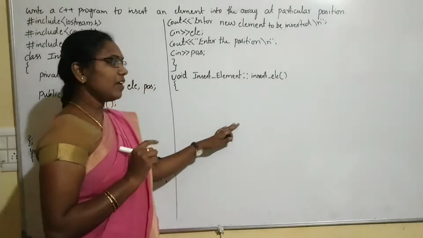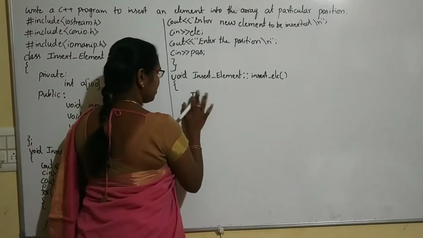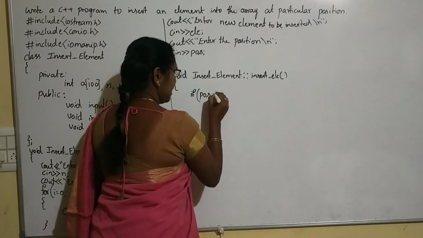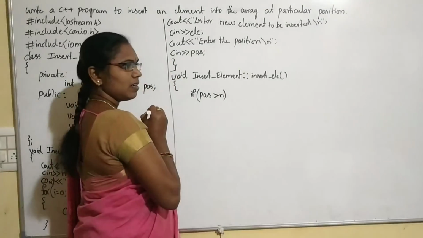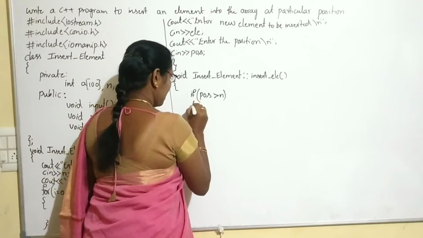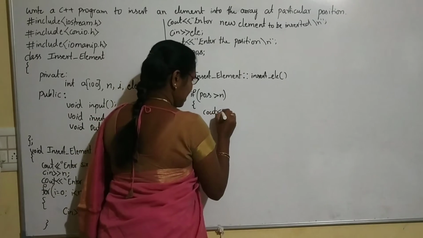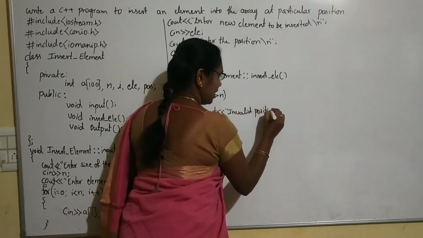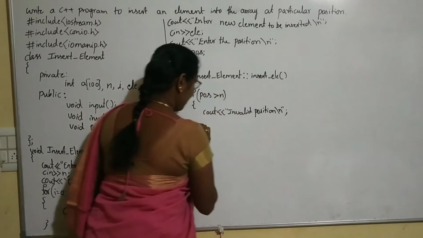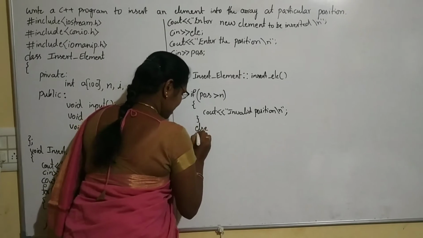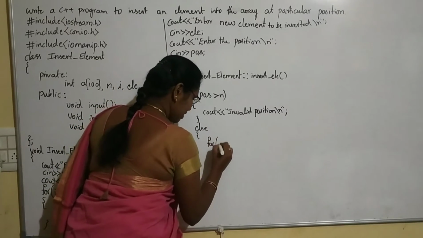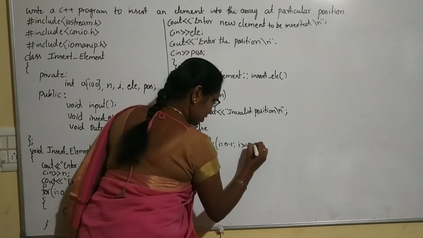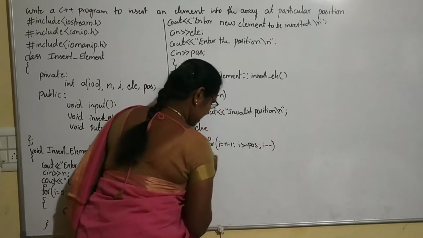For that purpose, we give the condition: if position is greater than n, cout will give the message invalid position. Otherwise, else. We use the for loop for the algorithm steps: for I equals n minus 1, I greater than or equal to position, I minus minus.